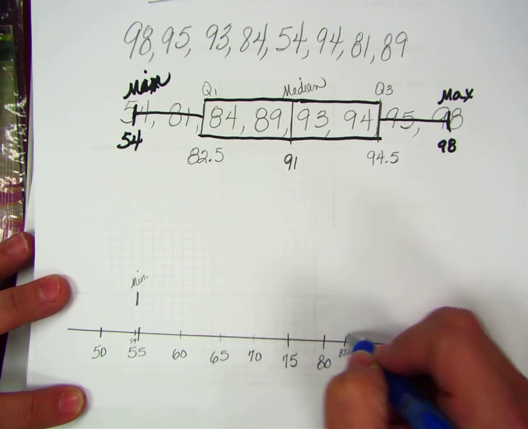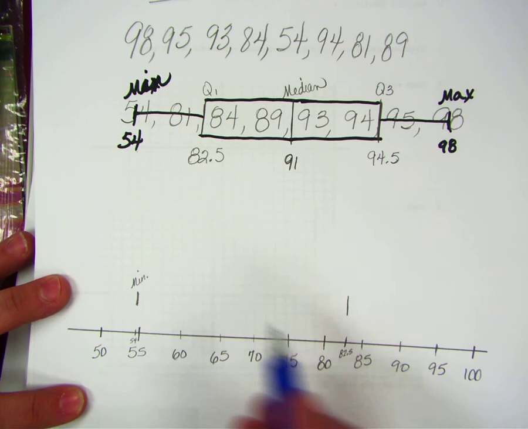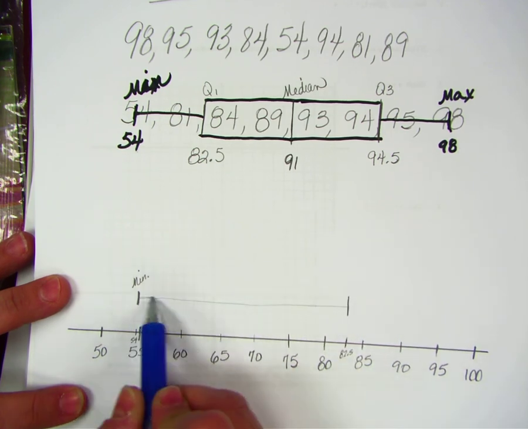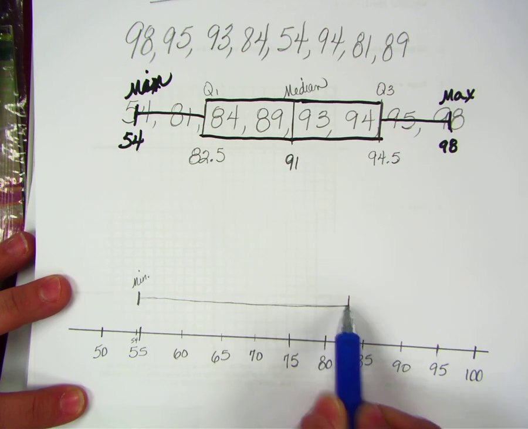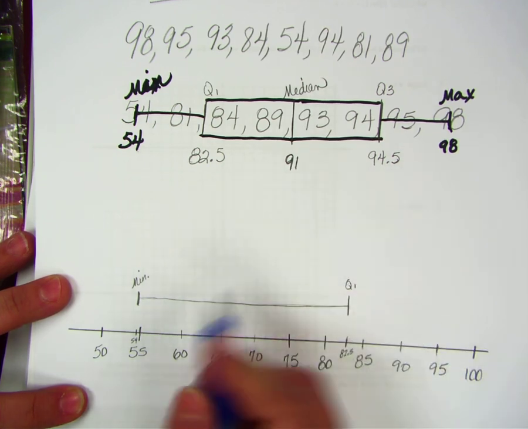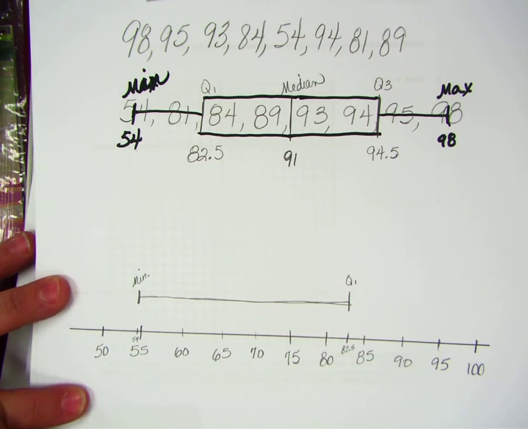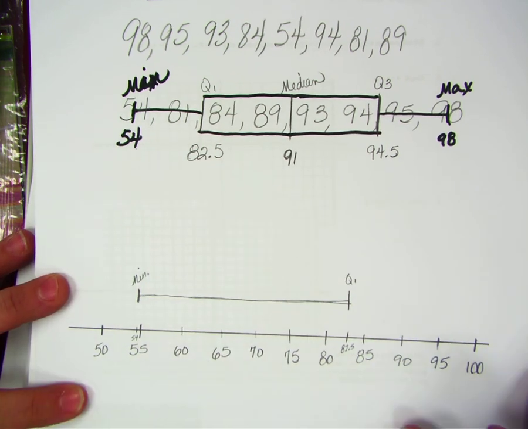That is my Q1. Look how long that is. I'm not going to see that from a list of numbers. That's why the number line is important.